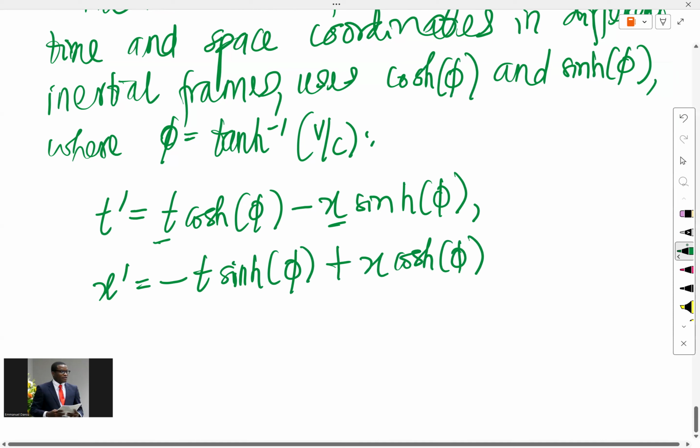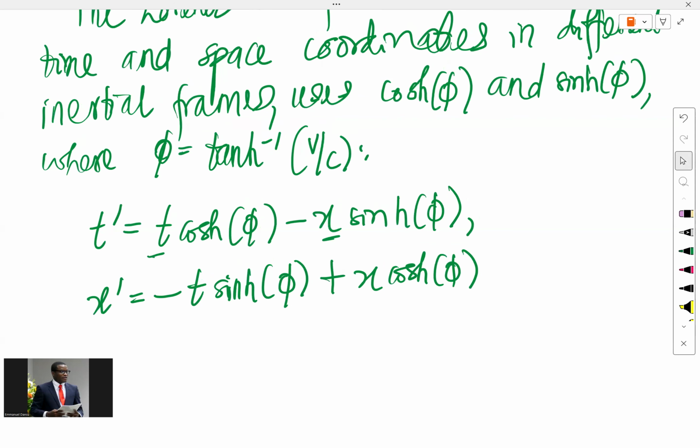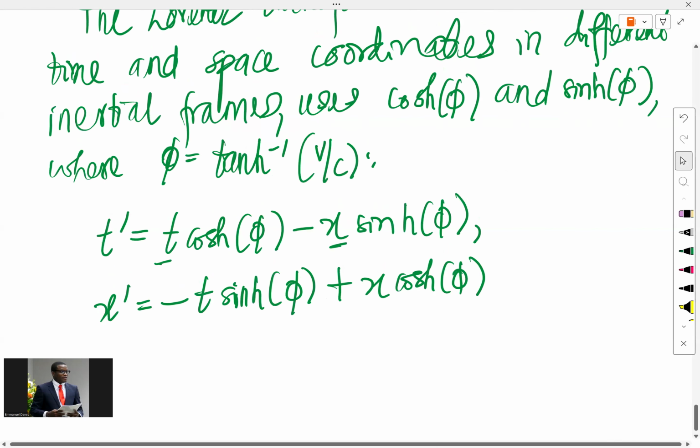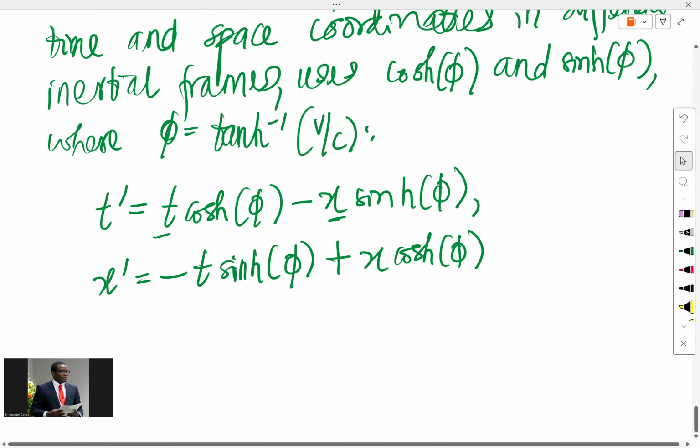So you see time and space connected together. So T prime is T cos phi minus X sin phi, and X prime is minus T sin phi plus X cos phi. So this system represents the connection between time and space. Okay.